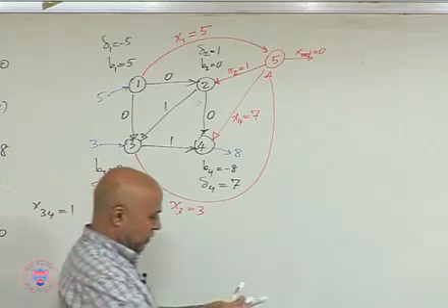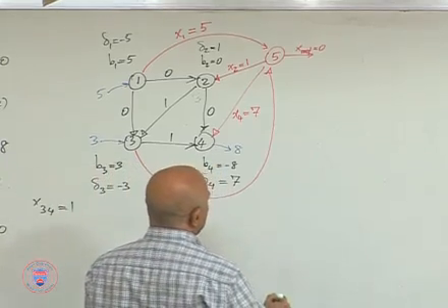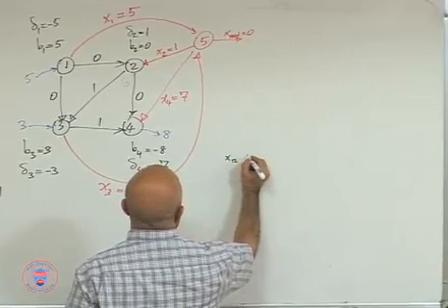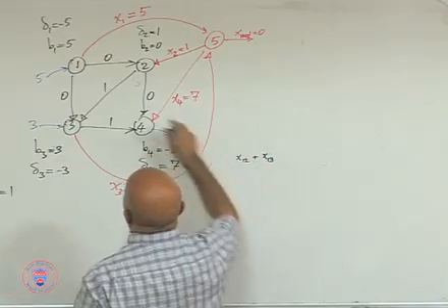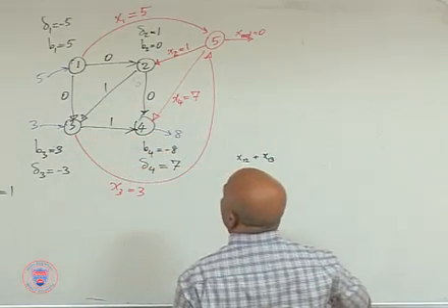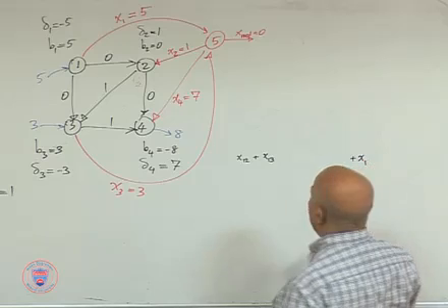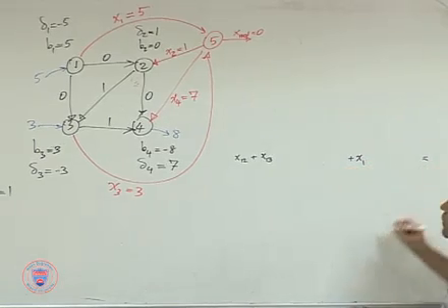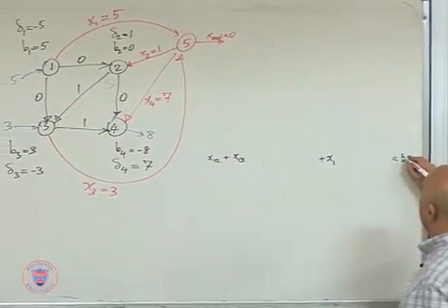What are the equations? Let's just write down the equations. Let me do it here. x12 plus x13 for node 1 plus the new variable x1 is supposed to be equal to b1, which is 5.